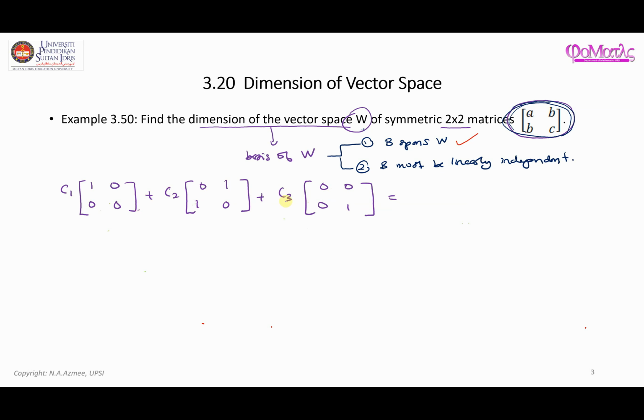Is there such combination of C1, C2, C3 such that the result we have here is all 0?